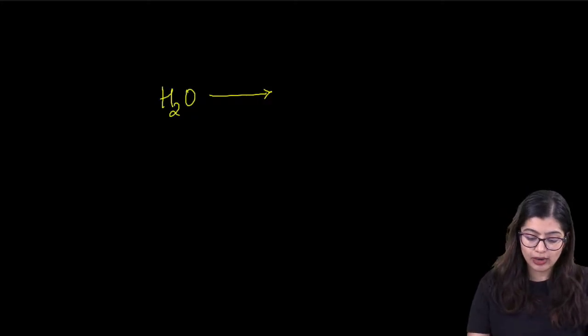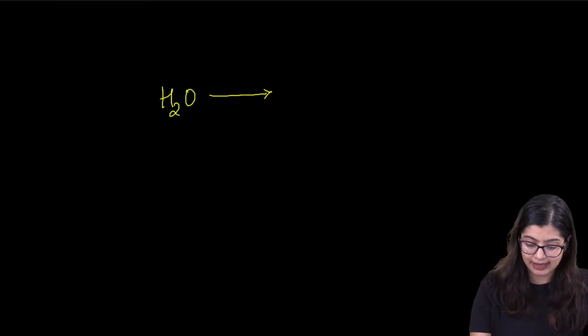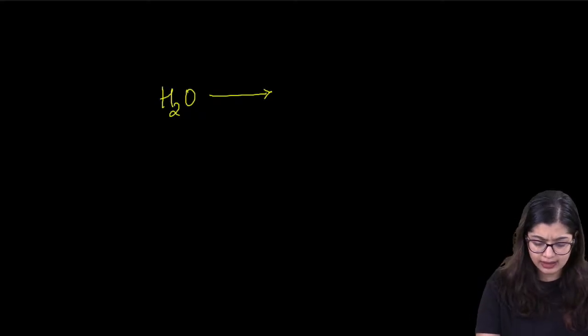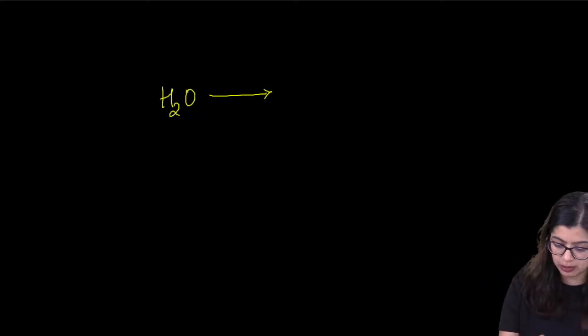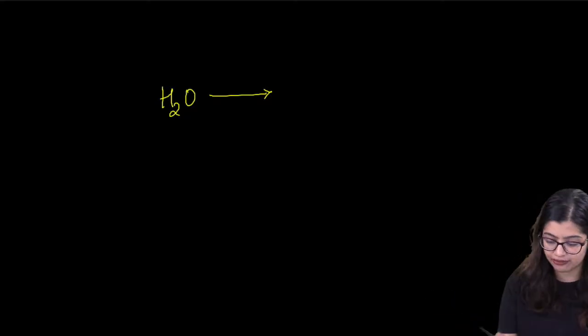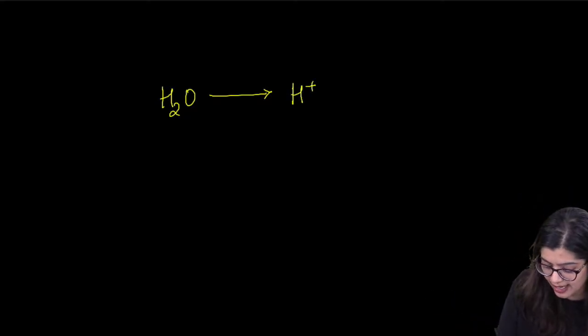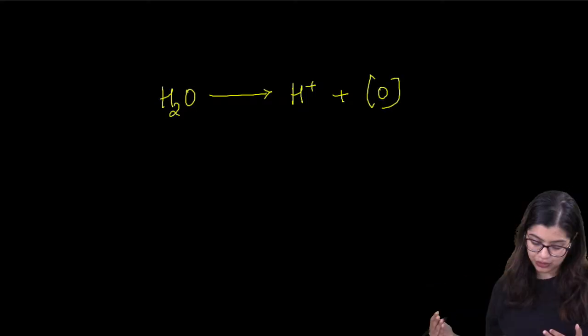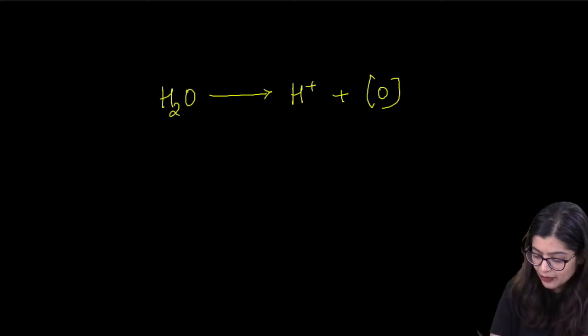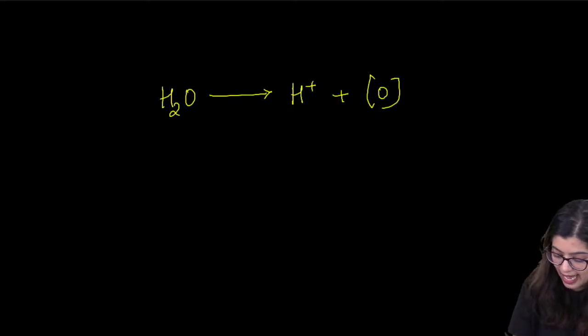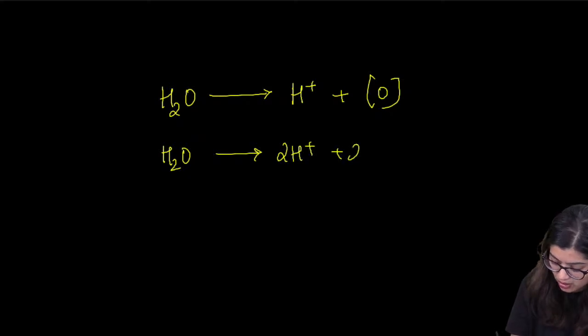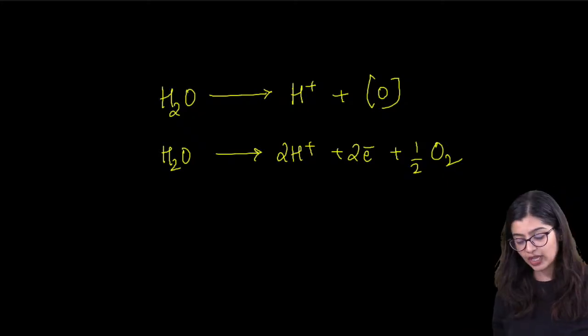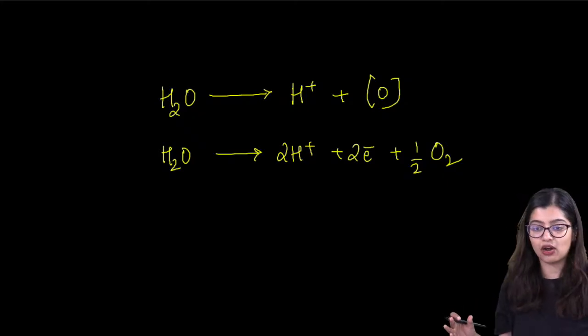When it splits, it is going to split into its respective atoms. So in this particular case, you will get an equation of this sort: hydrogen ions, oxygen, and along with that some electrons are also given out. Or it can be rewritten as water splitting into 2 hydrogen ions plus 2 electrons plus half a molecule of oxygen, because an oxygen atom cannot be stable.